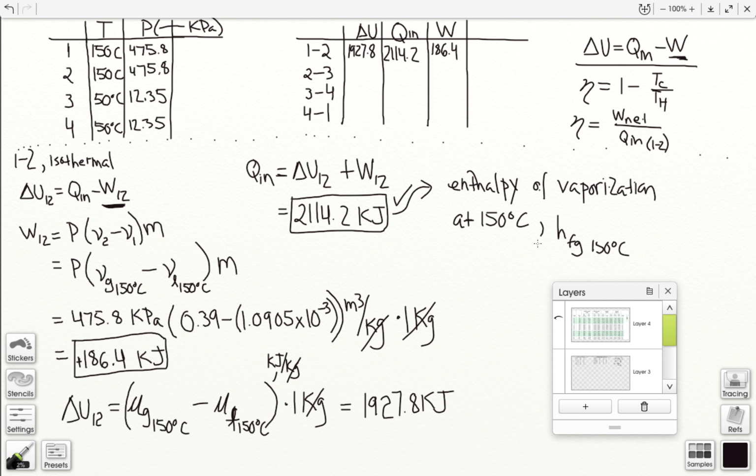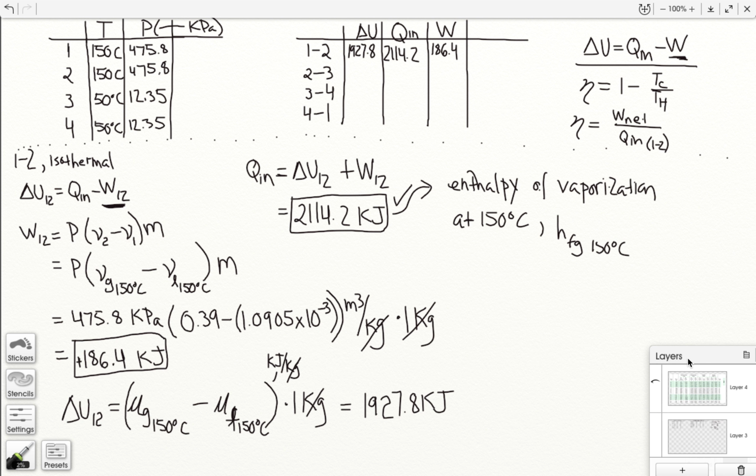Oh, one more thing that I want to do for this process that we'll use later on is let's calculate the change in entropy. So the change in entropy for this process is again Sg, and again this is from the table, fluid at 150 degrees Celsius, and we'll multiply this by our mass, which is 1 kilogram. Units of this is kilojoules per kilogram.